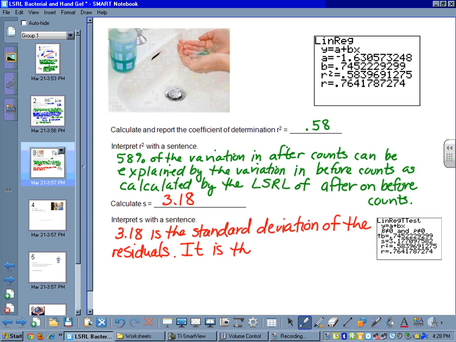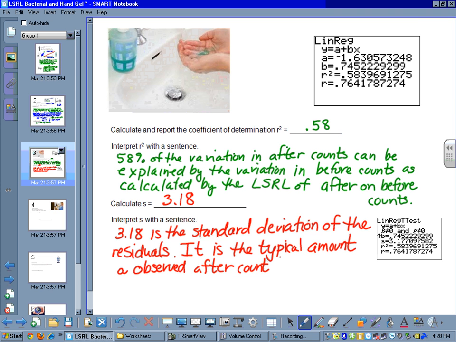It is the typical amount a predicted after count differs from its observed after count.